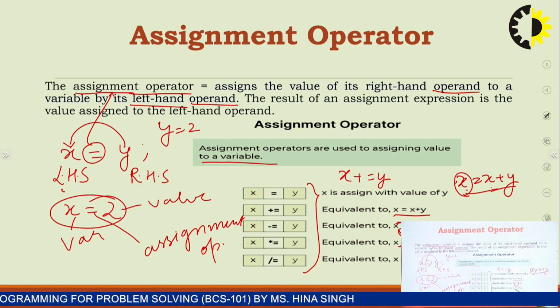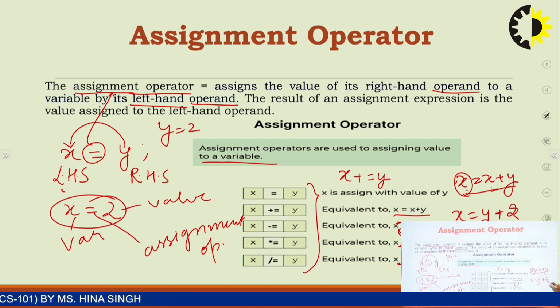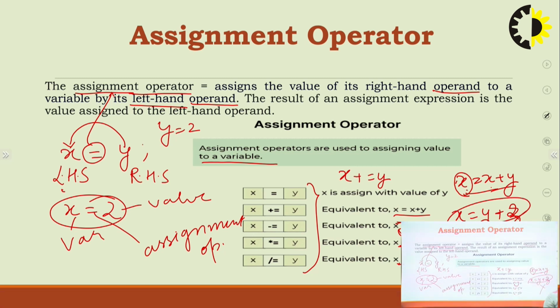But if the variable is changed, let's say x is equals to y plus 2, or let's say z, then in this case you cannot write it with the short notation. This can only be written in this way. You can only use it when you have the same variable before and after the assignment operator. Clear?